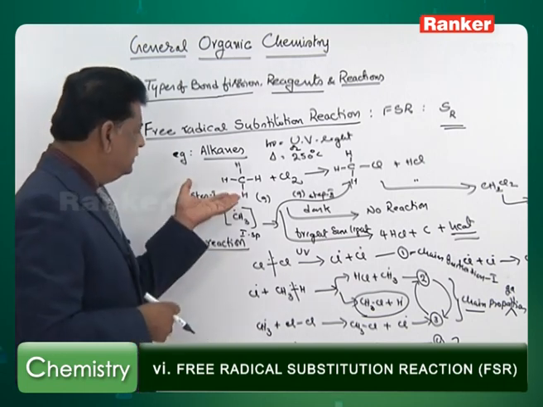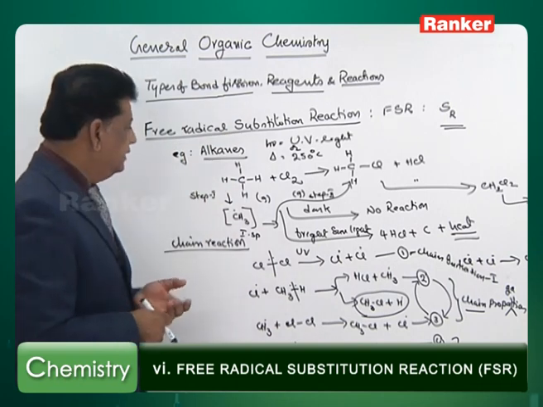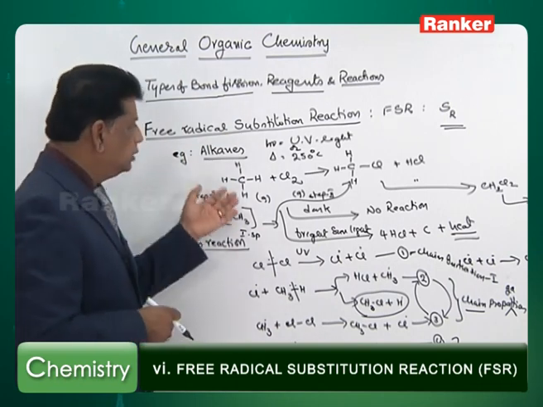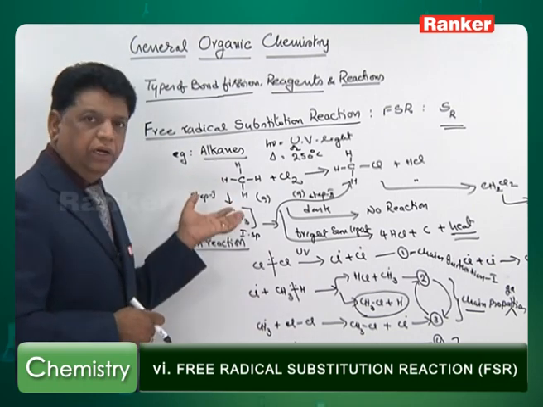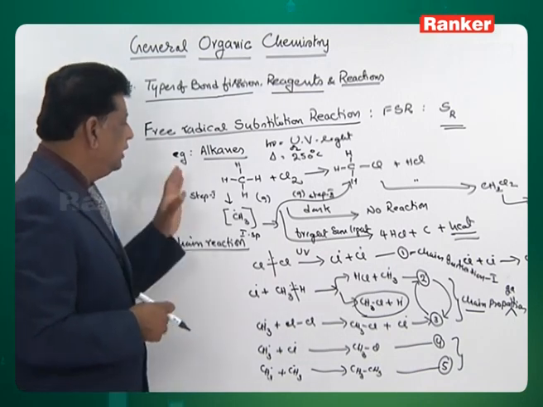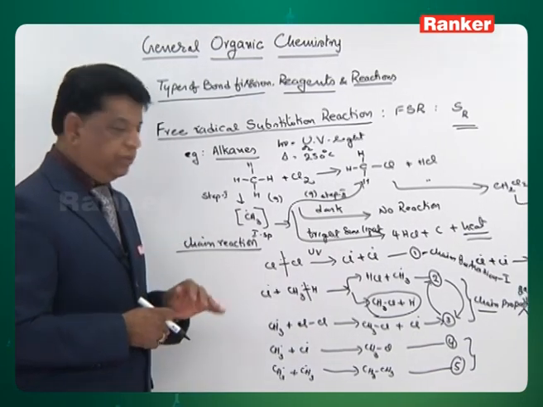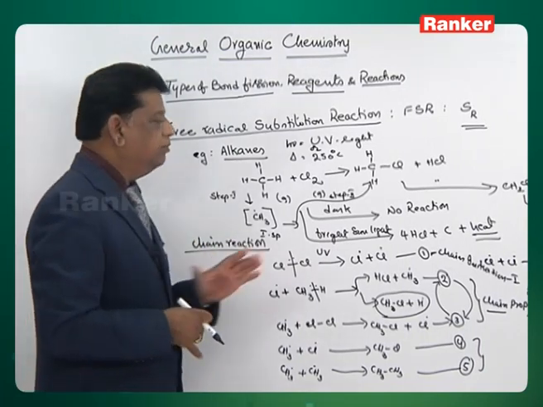And since alkanes are saturated, you cannot add. So the only reaction on alkanes is that free radicals attack and show substitution. It cannot add, as it is already saturated. So only substitution is taking place. Logically, alkanes undergo free radical substitution, and the mechanism happens to be a chain reaction mechanism.